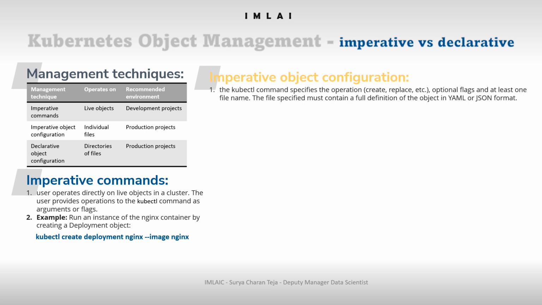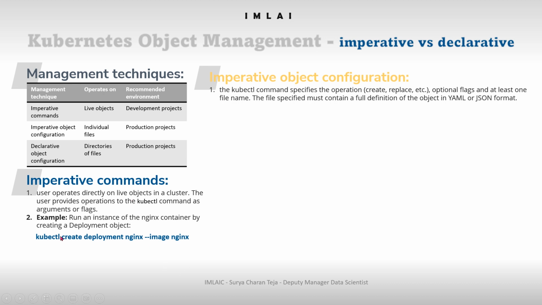Basically, the difference between an imperative command and an imperative object configuration is pretty simple. For an imperative command, you just type the command and execute. To run an instance of nginx container, you give the command, that's it: kubectl create deployment, the name of the deployment is nginx, and the image from which you want to run a container is nginx.